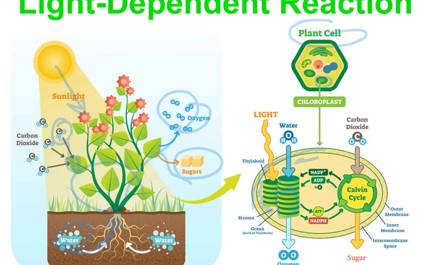And each of those stacks is a little thylakoid plate or thylakoid membrane. And these guys right here are also where the water is coming in and the light is coming in. And they're taking water, popping off the oxygens, and taking the hydrogens with them to go through the light-dependent reaction.